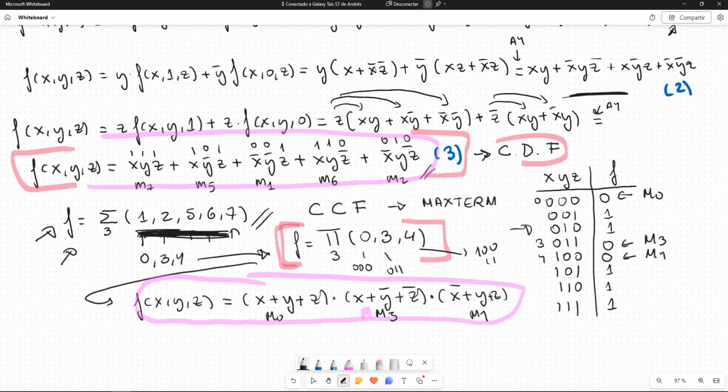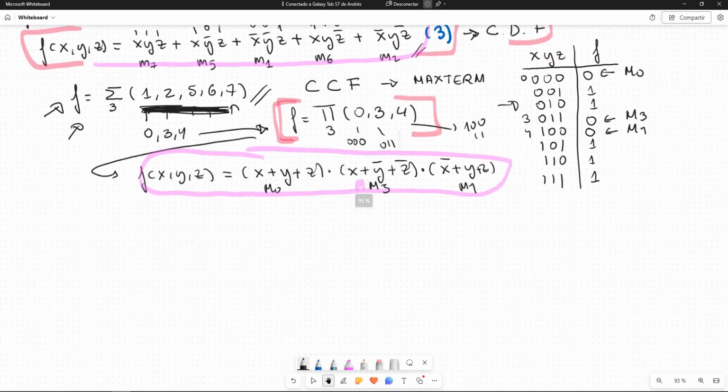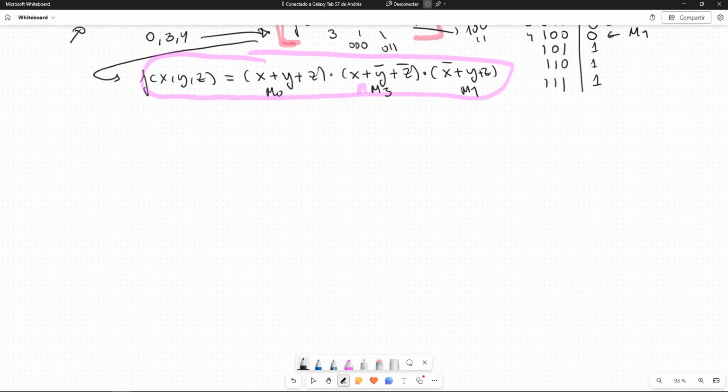For example, we are going to represent the logic gate representation of the canonical conjunctive form. So we have here a logic sum with 3 inputs. So a logic sum is an OR gate, and it has 3 inputs.